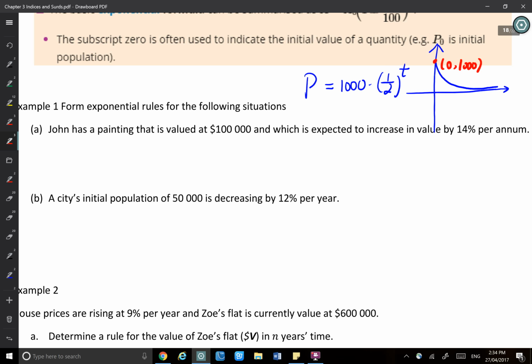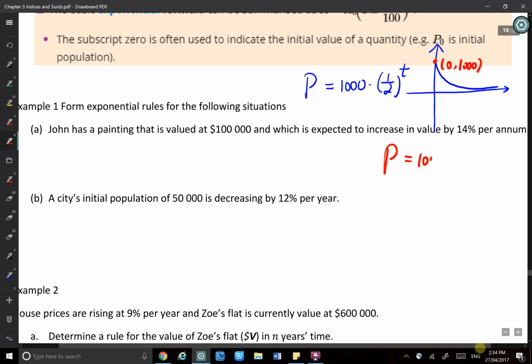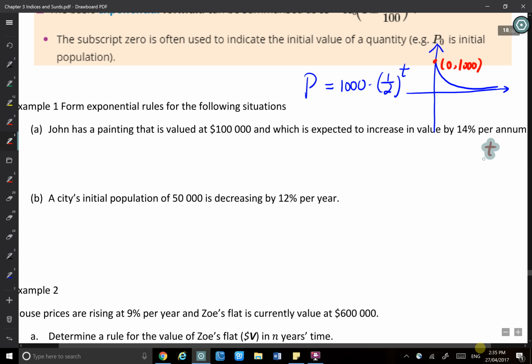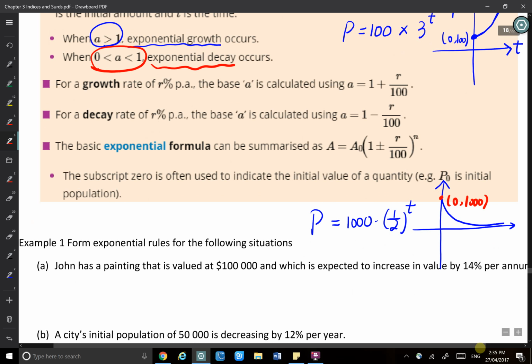You won't have a negative base. You will always have a positive base. When the base is greater than 1, you have an exponential growth graph. If the base is in between 0 and 1, you have an exponential decay graph. So that's the case for the graph.